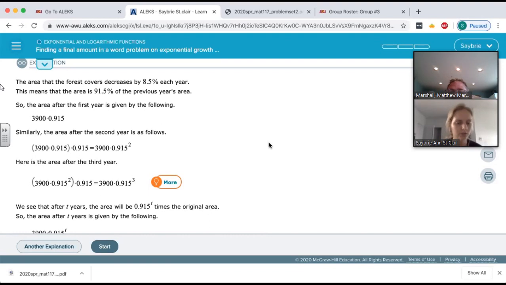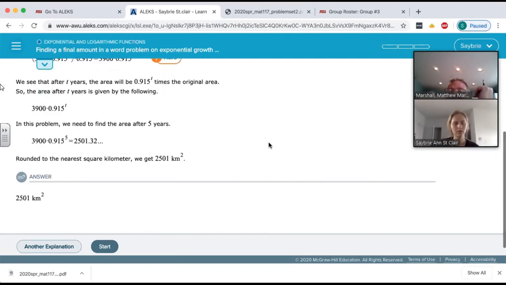I think it's just this. So you see they times the amount 3,900 times the percentage rate, and then that fifth power represents the amount of years that it was in the account. So do you know how to type it in your calculator? Yeah, because my calculator, I could type in that exactly. I could type in 3,900 times 0.915 raised to the fifth to get that 2,500.